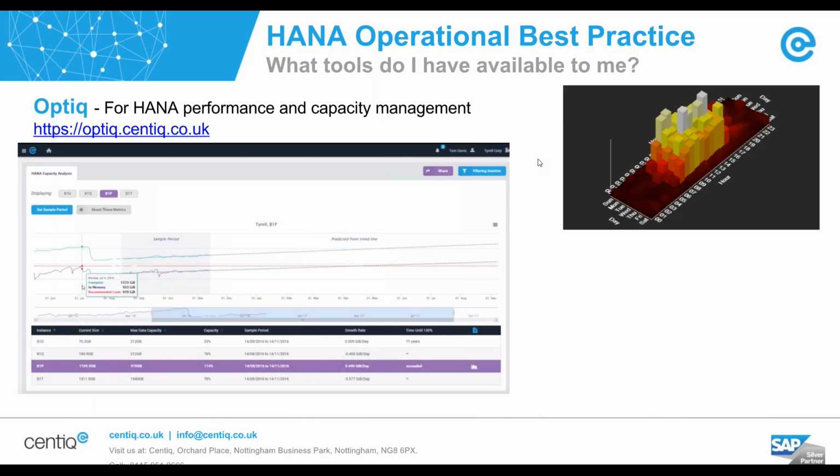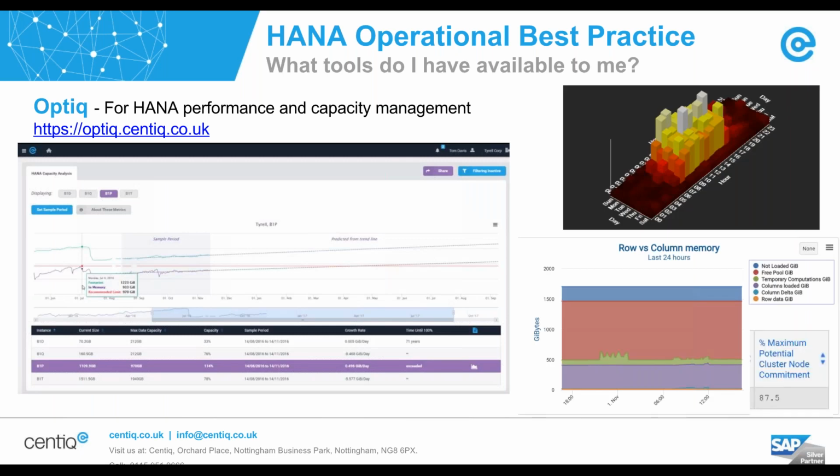All of those tools we found challenging from time to time when you're looking at a broad estate of systems like we are, managing lots of different customers remotely. They'll be on different versions. Not all of the tool sets will be installed, and nor will they have a desire to install all of the tool sets. So for all of the key metrics that are really important for managing systems, we've covered them all in our own tool set called Optic.